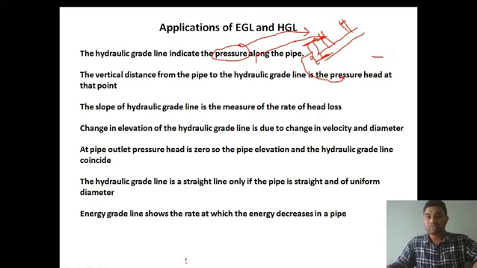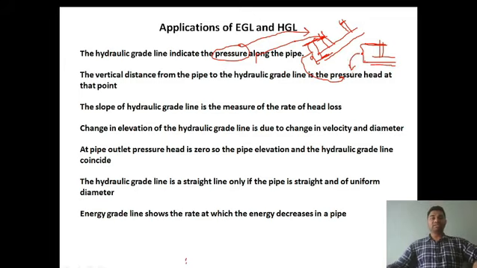We have seen that this is the pipe axis, a piezometer is installed, and this was our piezometer reading. So, from the axis of the pipe to the piezometer reading, this is nothing but the pressure head at that point.